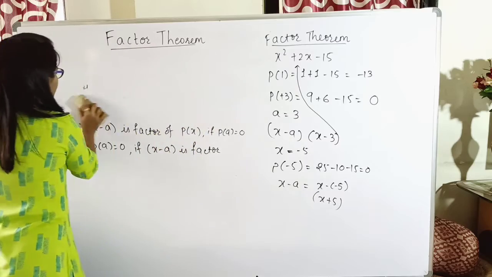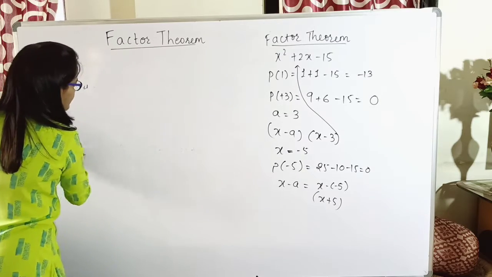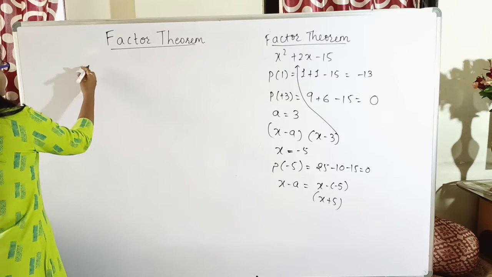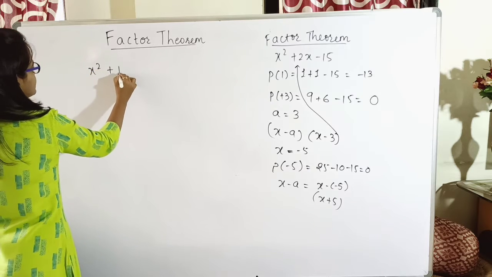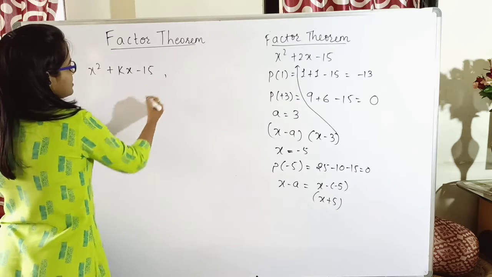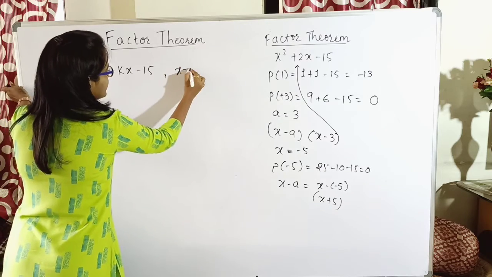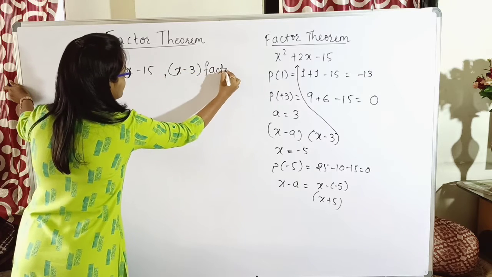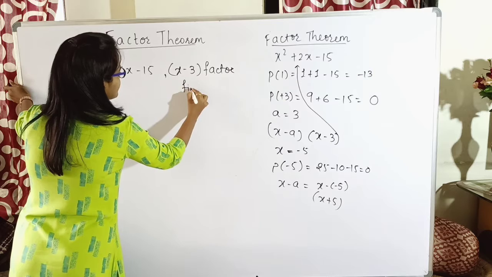Now directly they might tell you that yes, it is a factor. Suppose x square plus kx minus 15 is my equation, and they are saying x minus 3 is the factor of this polynomial, find k.